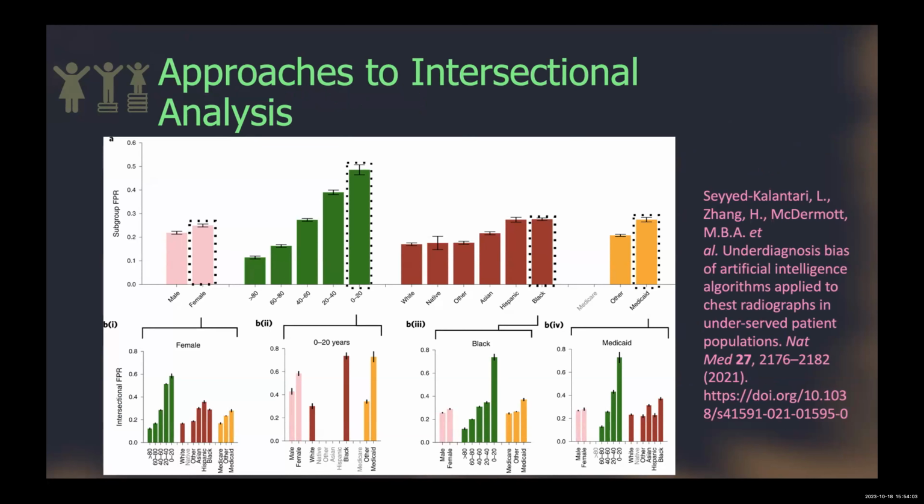Here is a good example, and also an example of how these analyses can become complex very quickly. Actually explaining and visualizing these results, and reporting of these results, can be tricky.